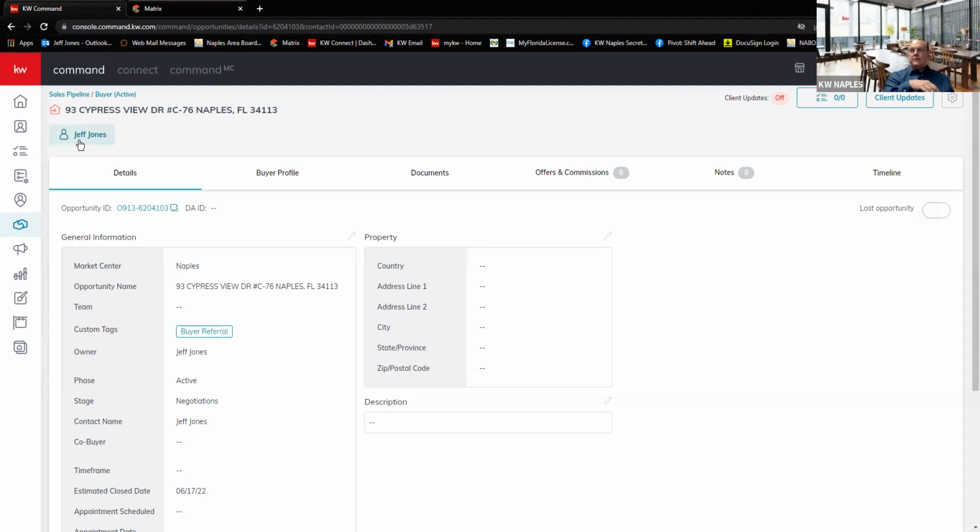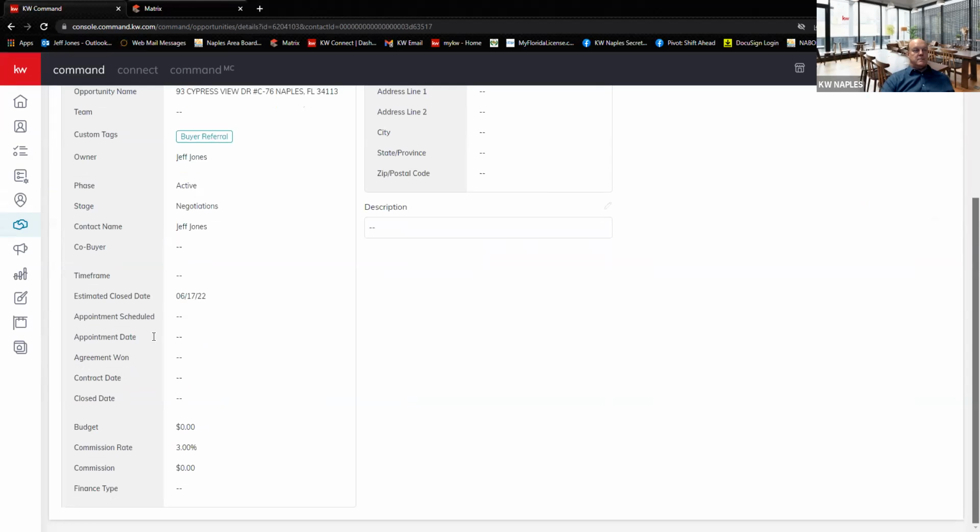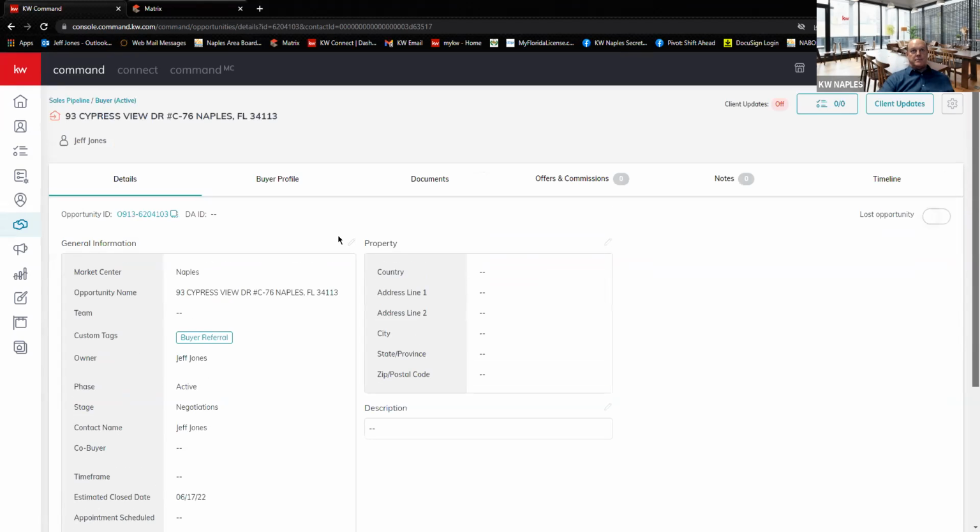So if you haven't created it yet, you need to create the contact name and address and emails, put all those in, because those are going to help you later. And then you'll have all of the information that you need. Any of this information that needs to be changed can be changed; you can see the little pencil here.